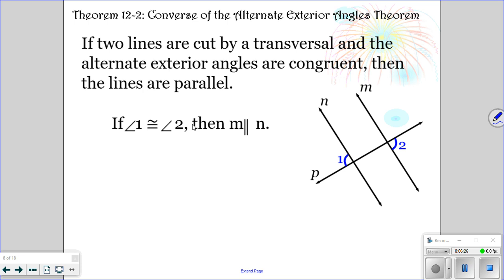But if you don't know the number whenever you're doing your homework, you can just name what it is. It's a converse of your alternate exterior angles theorem or interior or whatever it is. So this one's very similar. If you have congruent alternate exterior angles, then your lines are going to be parallel.